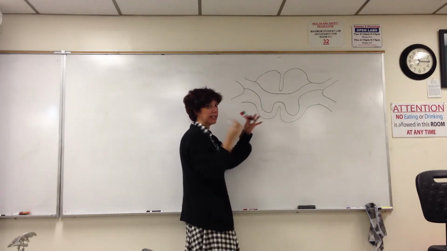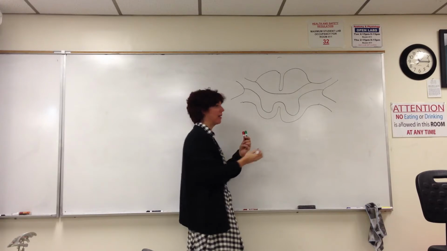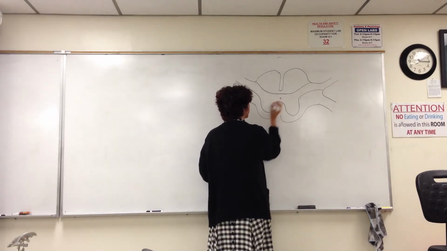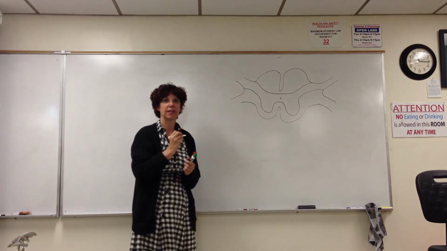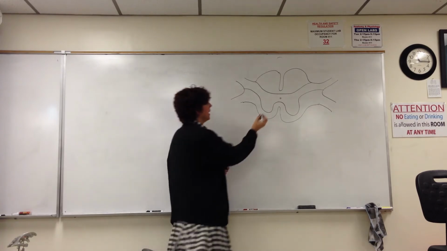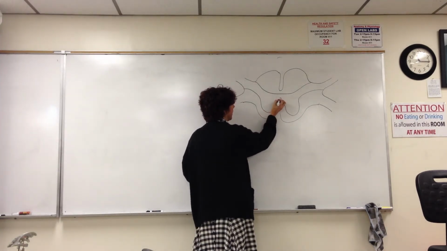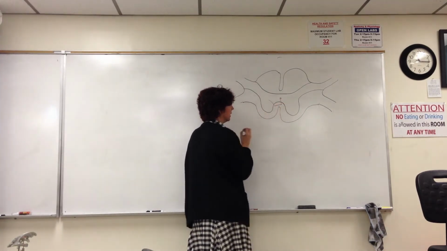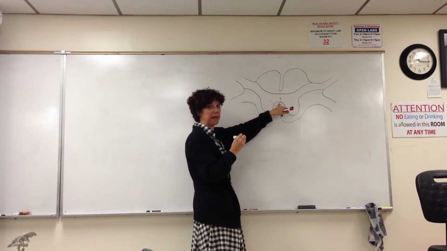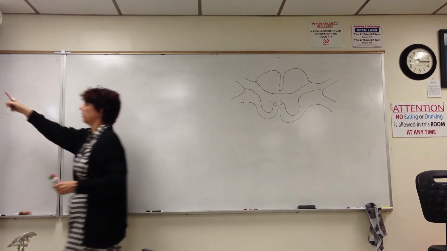Okay? That's where the cell bodies are located in the spinal cord. And right in the center here is the central canal. So this diagram is taken, say, from a region that looks like this. This would be gray matter, this would be white matter, and there's the central canal. Okay?